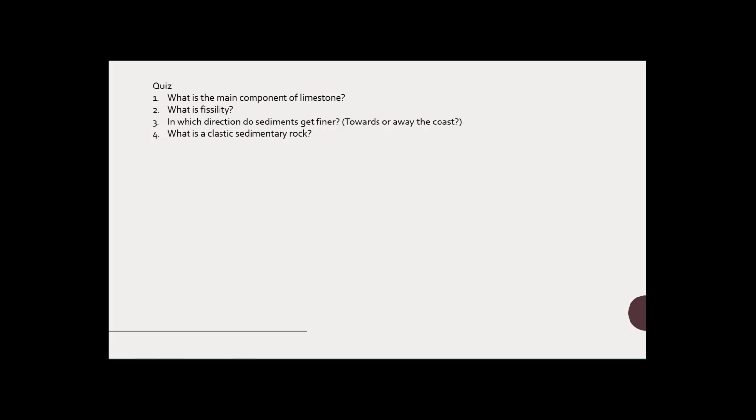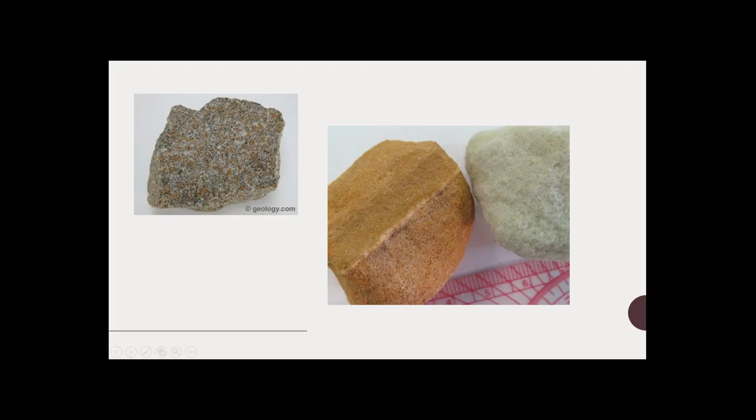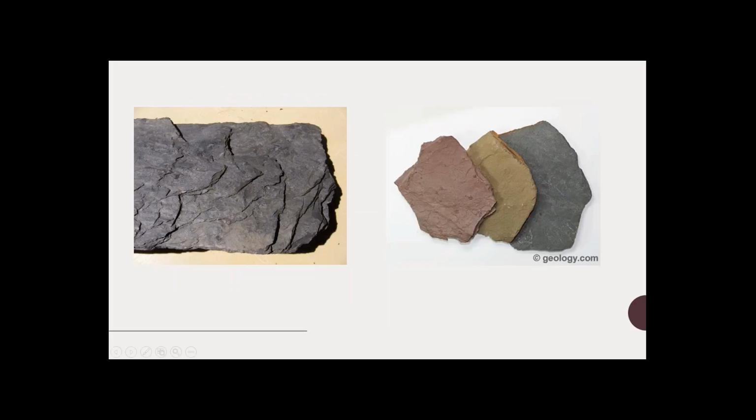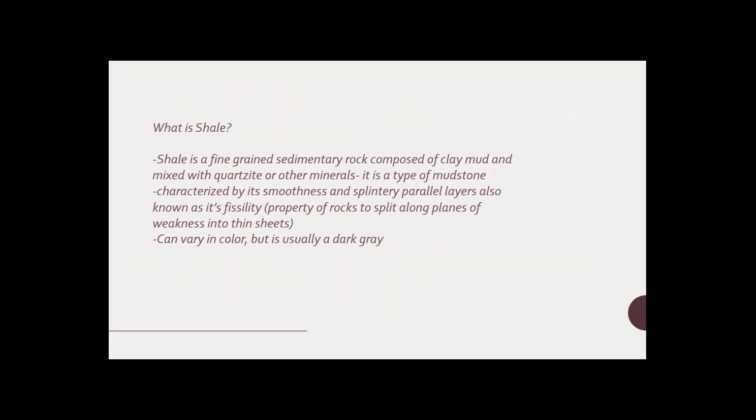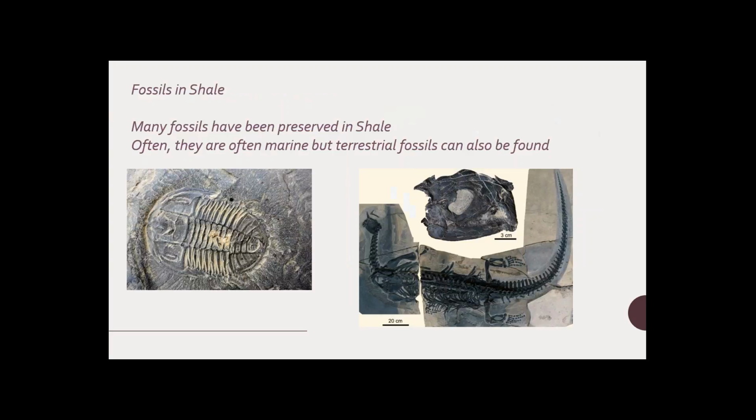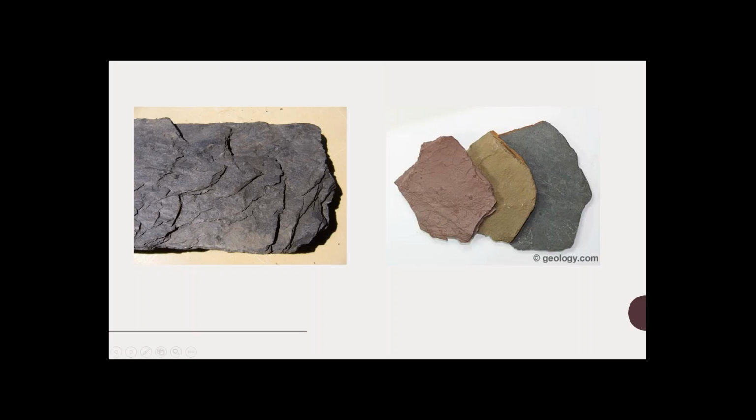Facility is the platiness or the weakness in the lateral. Let me just show you. The property of rocks to split along those planes laterally. So basically, these thin sheets is a characteristic that we call facility.